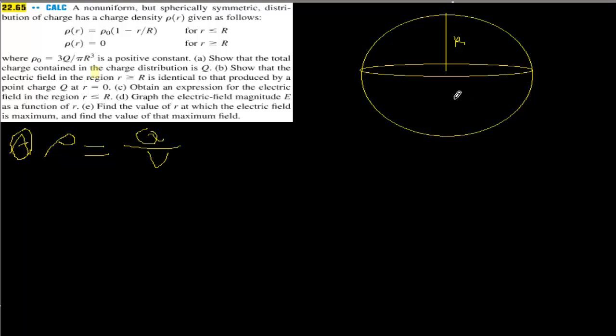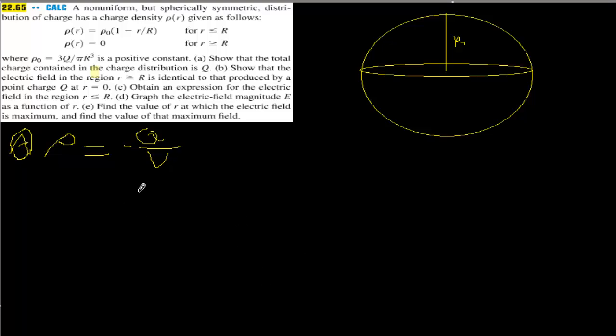And if we had a uniform charge density, we would be able just to multiply this density by the volume, and we would be left with just the charge, because the volumes would cancel. But that's not the case in this problem. We have a non-uniform charge density given by this function right here. So therefore, we're going to have to use calculus in order to find the charge.